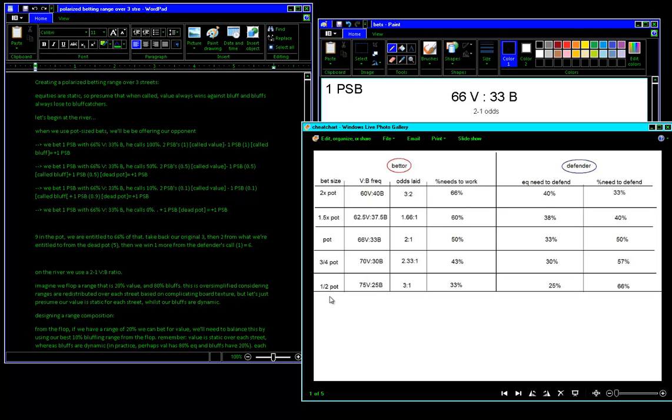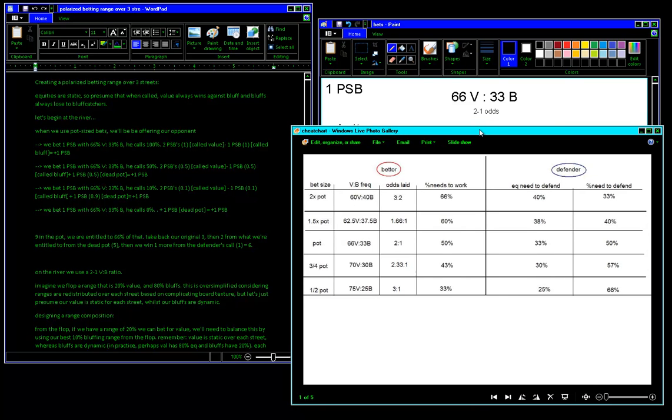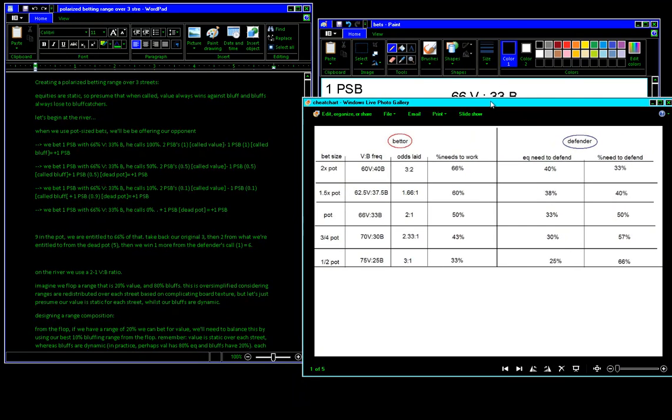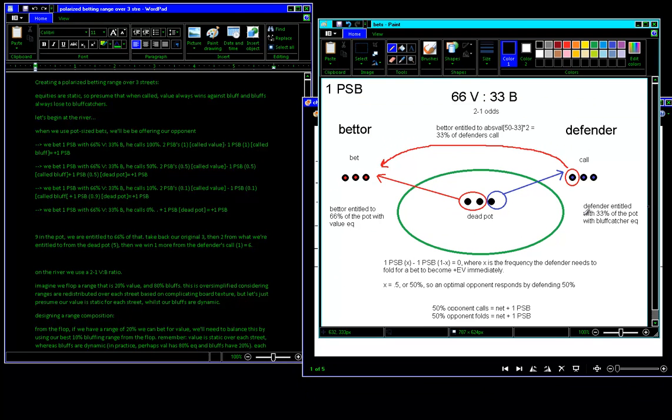So for instance, when we're betting half pot, we only bluff 25% of the time because we expect to get called at the highest frequency possible in terms of using these bet sizes as our options here. Whereas if we were to bet 2x pot, which is 4 times that size, we only need to include 15% more bluffs. Yeah, so that's cool to look at and figure out if you'd like.